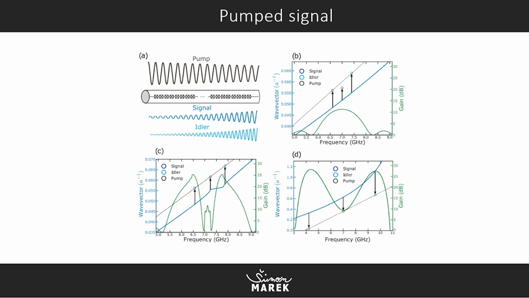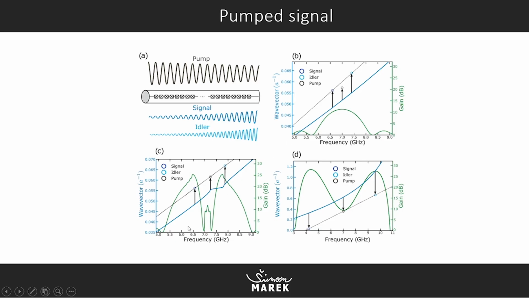So there are different types of signals we will need for our traveling wave parametric amplifiers. There is a pump signal, the output signal, and the idler, and you can see the dependence of each signal on the gain or behavior of the amplifier.